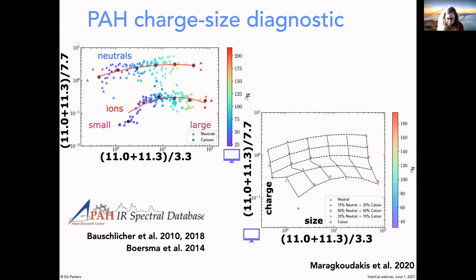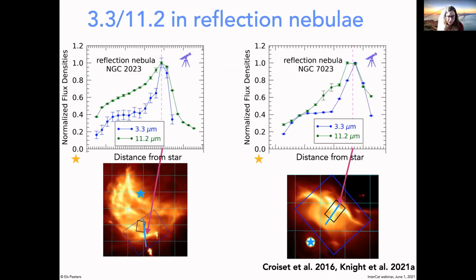Does it work with observations? So we looked at two reflection nebulae, and we obtained some additional data from SOFIA to observe the 3.3 micron. And so the field of view for which we have obtained data is the blue box.